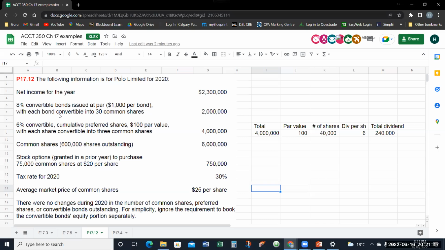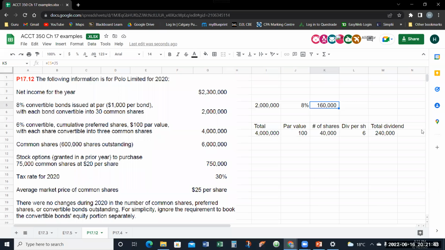2 million times 8%. They were issued at par. If I multiply 8% by 2 million, I get $160,000. But remember, interest expense is deductible for tax, which means I get to save some tax.